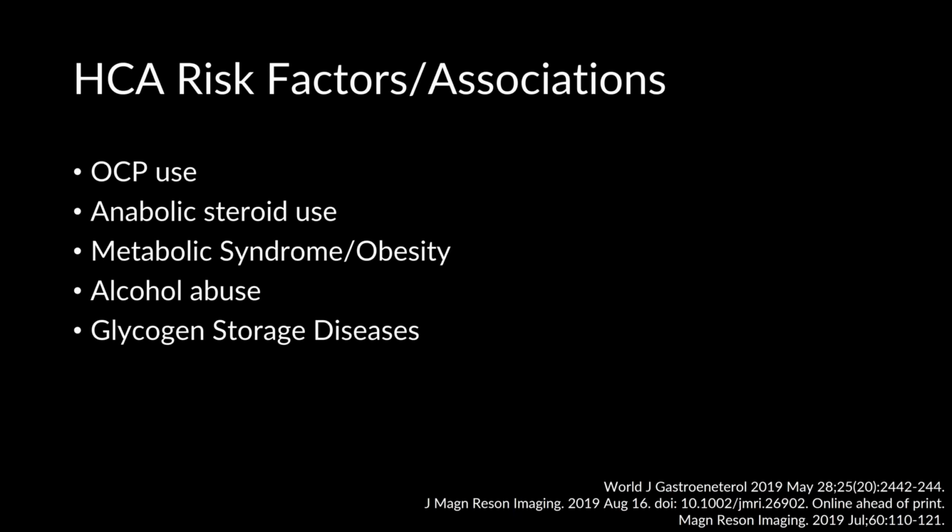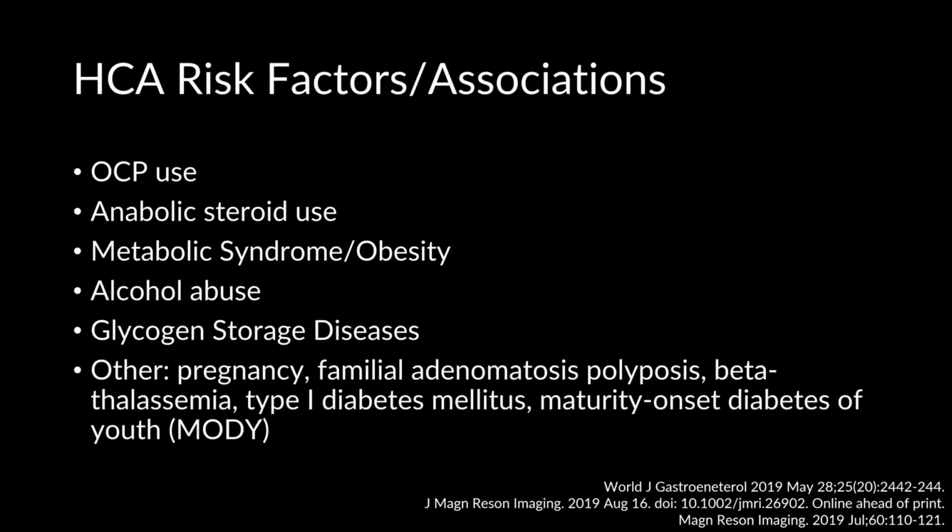And these patients with glycogen storage disease tend to be male and tend to present younger with multiple adenomas and have a higher risk for malignant change. Other associations include pregnancy, familial adenomatous polyposis, beta thalassemia, type 1 diabetes, maturity onset diabetes of the young.